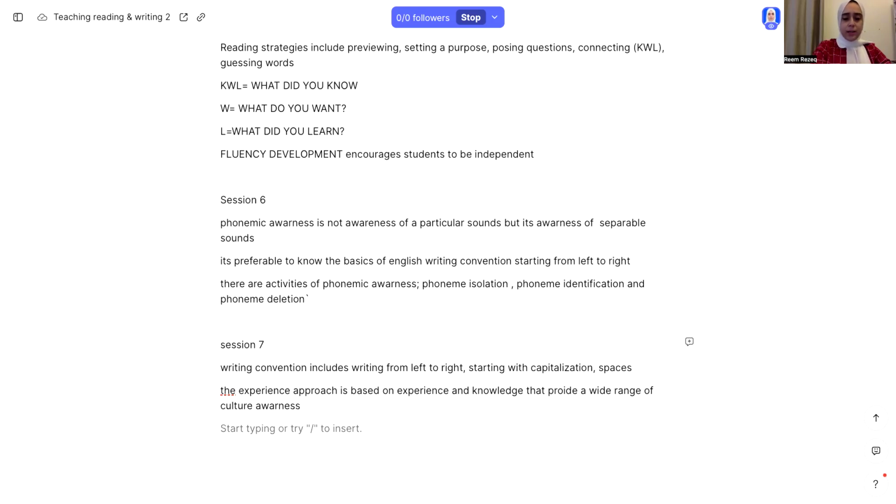Word attack focuses on sounding out the sound of the word.